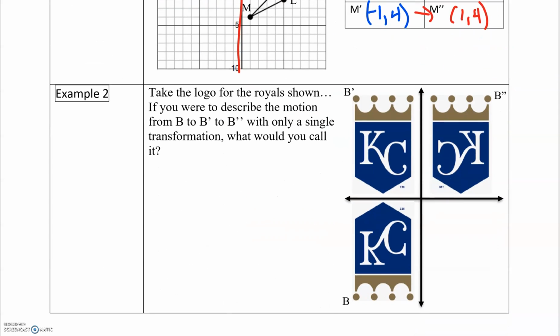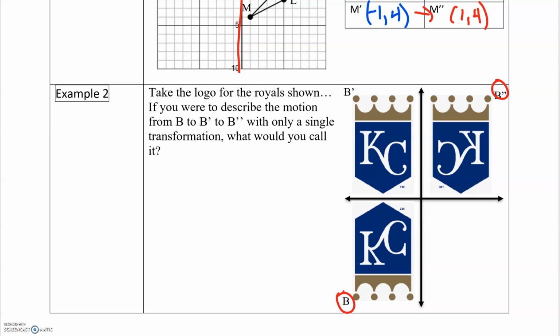So looking at our Royals logo here, starting here at our original, and then it looks like it's moving this direction. What would be the single transformation if we were going to go from this to this? How would we go from B to B double prime there? Would that be a single transformation? Is it a slide?